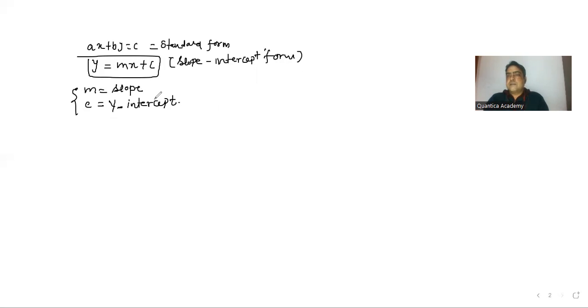And y-intercept is the distance between the point at which this straight line intersects the y-axis and the origin. That is, the distance between the origin and the point where this line cuts the y-axis is known as y-intercept.